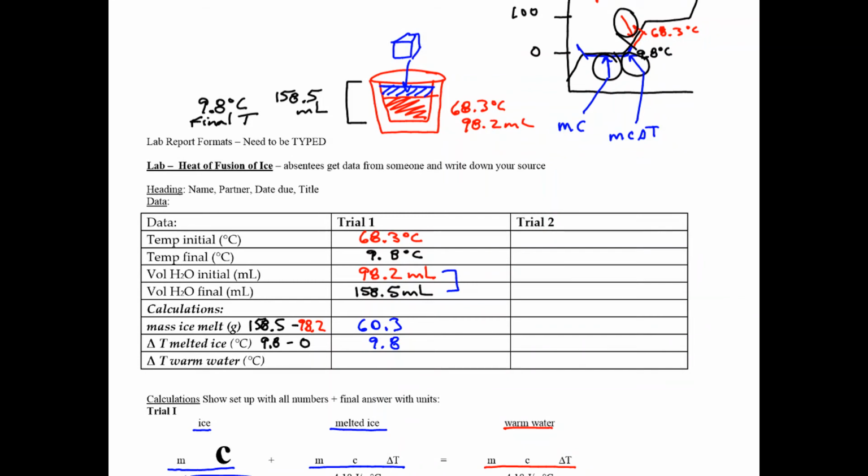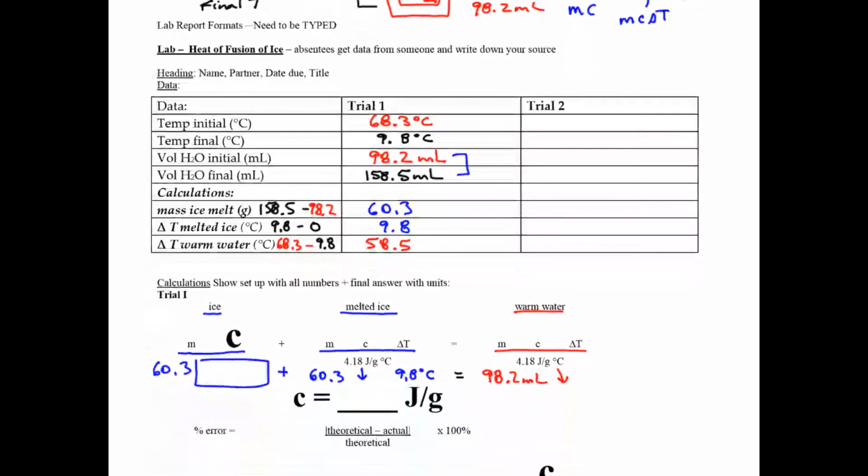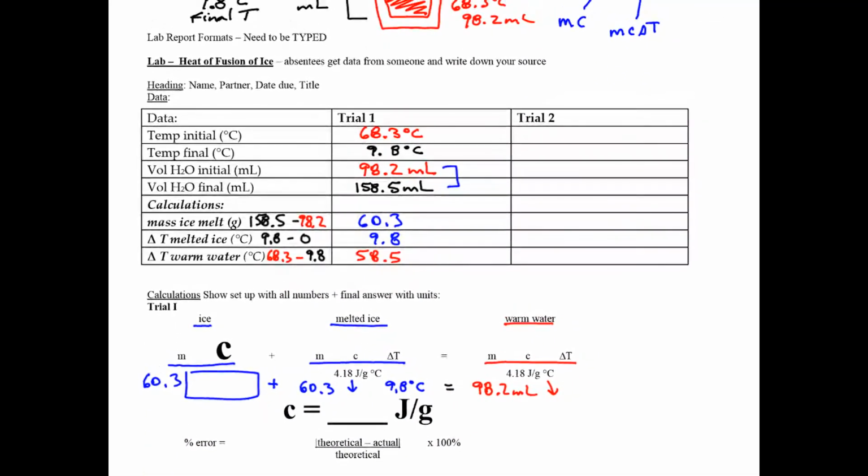So show that calculation, 68.3 minus 9.8, and that's going to tell you the hot water's delta T, which is 58.5 degrees Celsius, and that's what I'm going to write over here, 58.5 degrees Celsius.